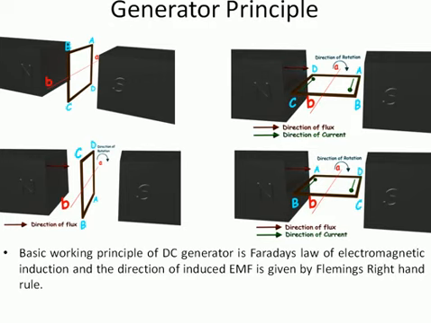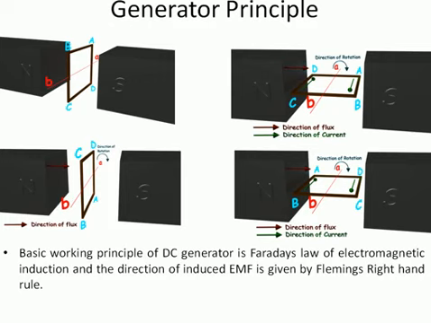If you are pointing these two fingers perpendicular to each other, then definitely the direction of the middle finger will indicate the direction of induced current in the conductor CD. Accordingly you will be able to identify the direction of induced current in this conductor CD is from C to D. Since this conductor CD is moving upwards when this coil is rotating in clockwise direction, the direction of current in this conductor CD is from C to D.